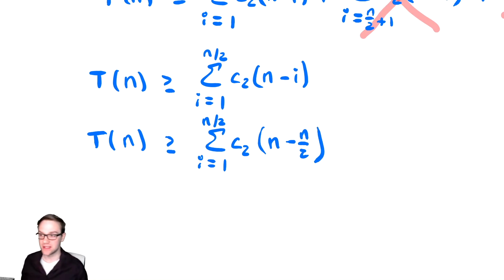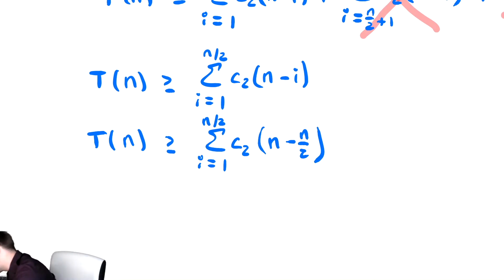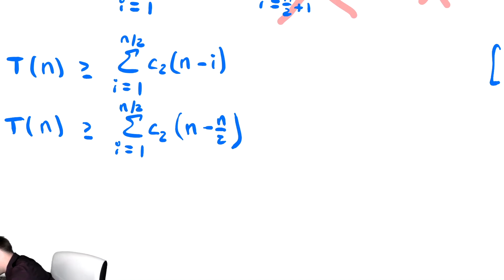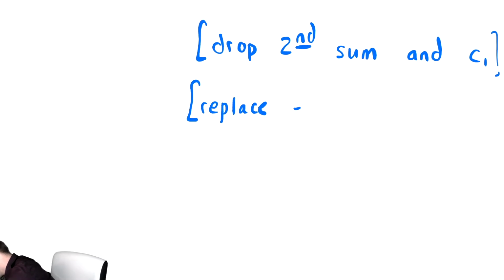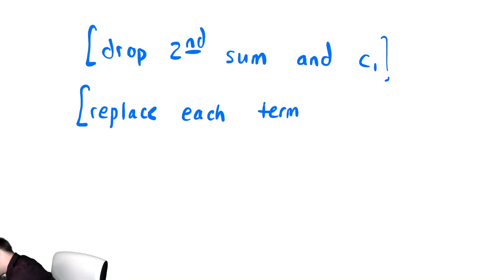Because it is decreasing, the smallest value will occur for the largest value of i. So the smallest term in the summation corresponds to the largest value of i. Having done this, i is no longer in the expression, so we can simplify it. So that is why that is a helpful thing. So this is replace each term with min.